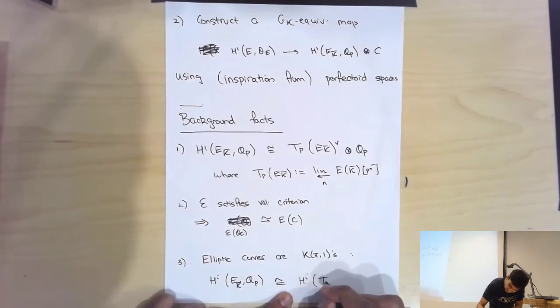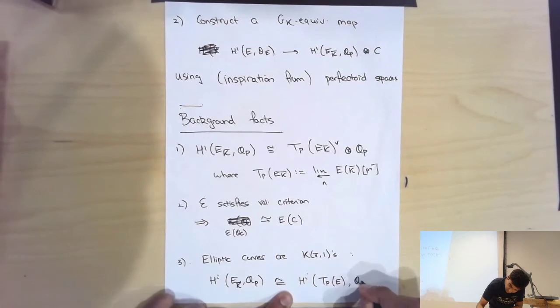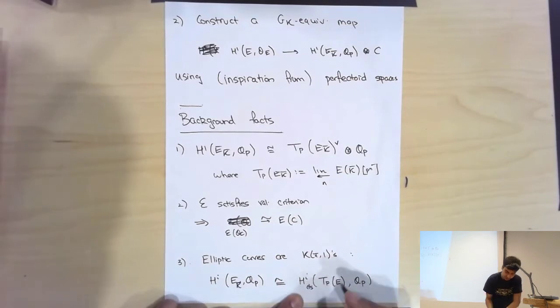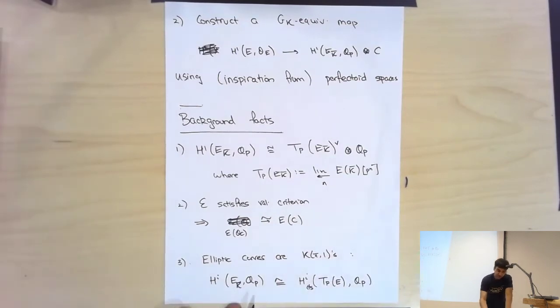So the fundamental group of the elliptic curve is the Tate module, and you can talk about the group cohomology of any profinite group like T_p acting on Q_p in the trivial way. So this is continuous group cohomology. And the fact that elliptic curves are K(π,1) implies the statement that the cohomology of this geometric object is computed by the cohomology of its fundamental group.